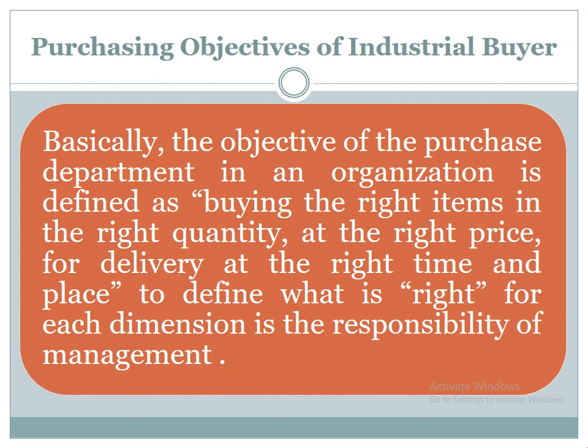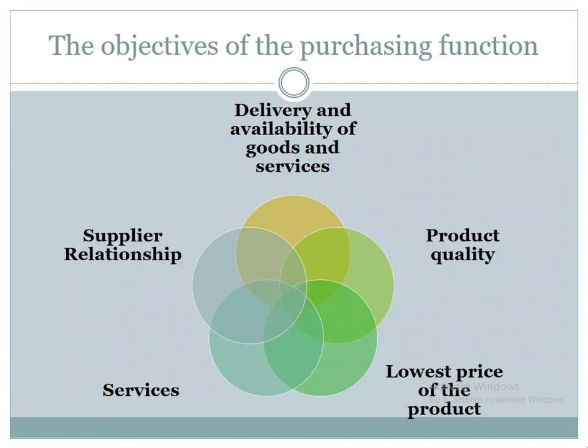To define what is right for each dimension is the responsibility of the management. The objective of the purchase functions can be described as follows. So these are the objectives of any purchasing functions in any organization.